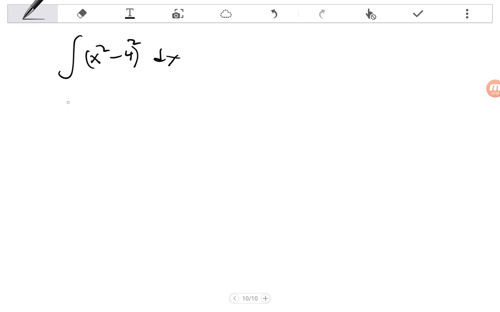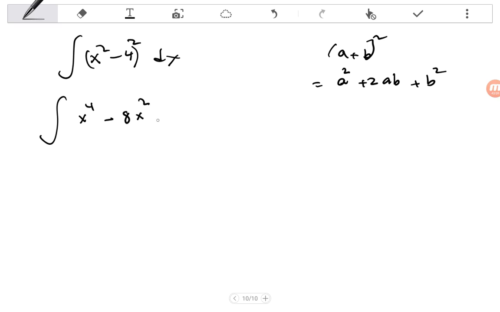Yes, we'll try to expand it. We know if I had a plus b all squared, it will be the squaring of the first, double the multiplication, then the squaring of the second. So I will just expand it. That will be x power 4 minus double, that will be 8x squared plus the squaring of 4, which is 16.